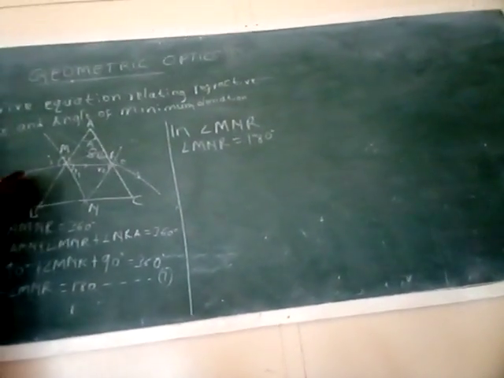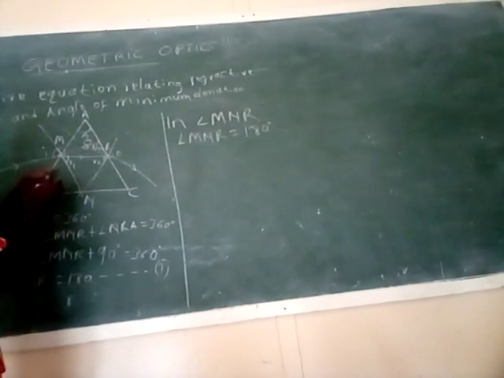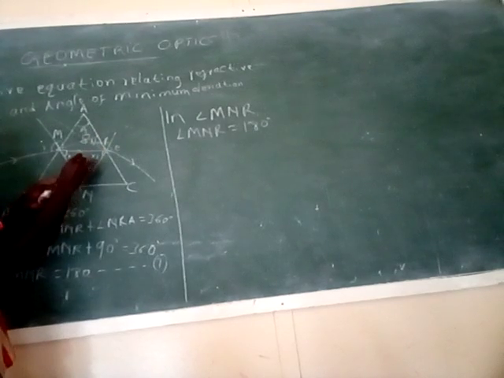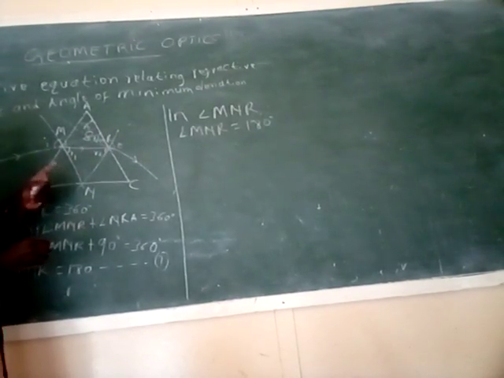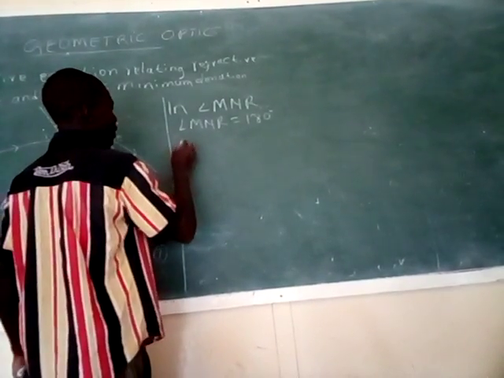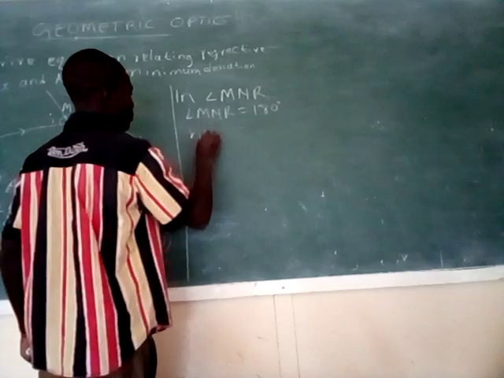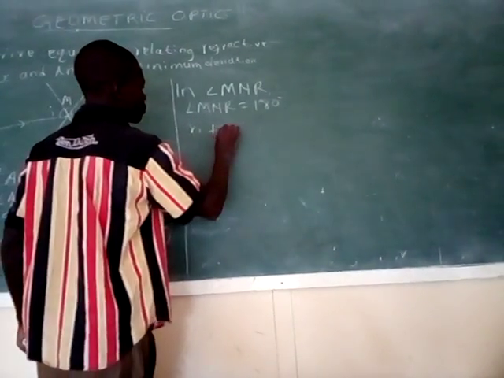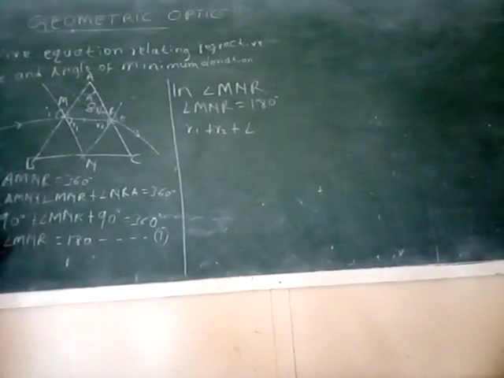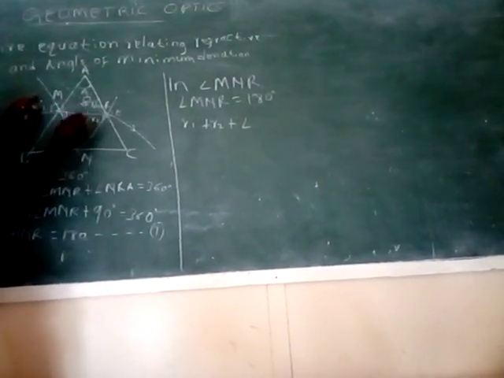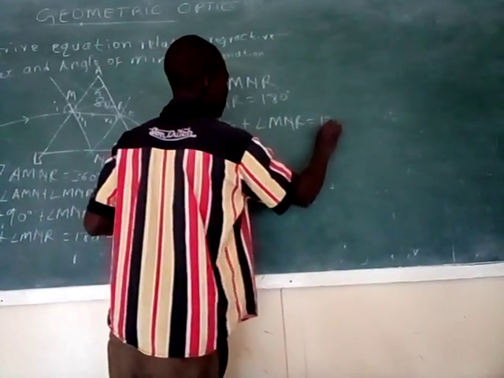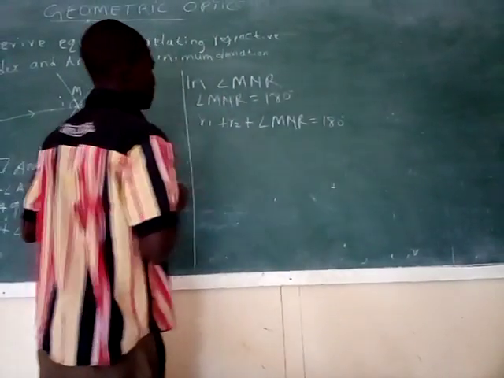For this case, we have R1 plus angle MNR plus R2 adding up to 180 degrees. So R1 plus R2 plus angle MNR is equal to 180 degrees.